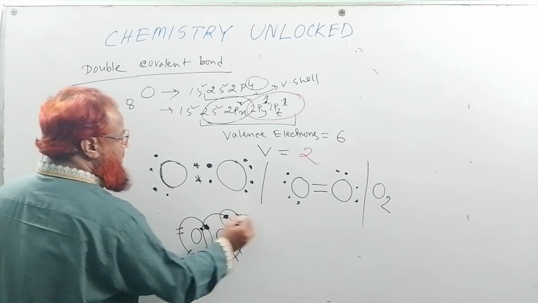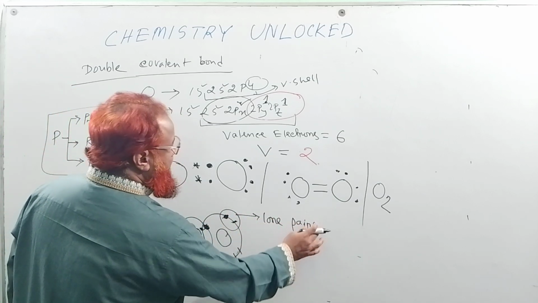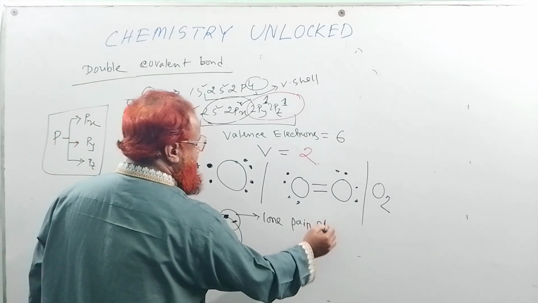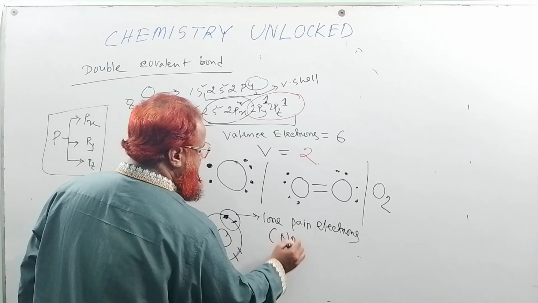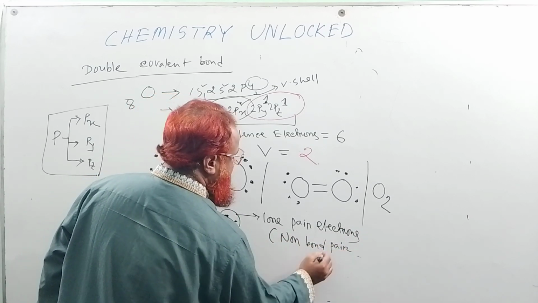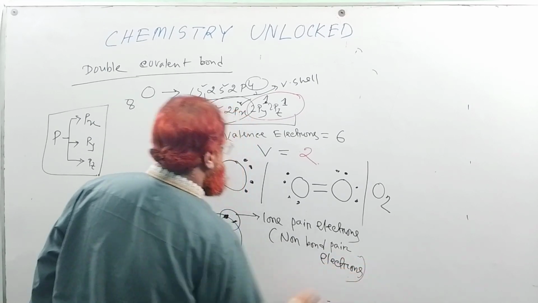So these are known as what? Lone pair electrons. And what are lone pairs? Non-bonded pairs. Non-bonded paired electrons are called lone pair electrons.